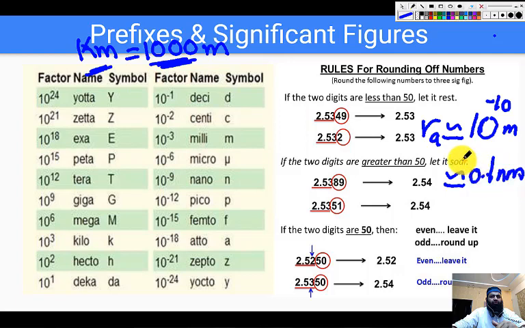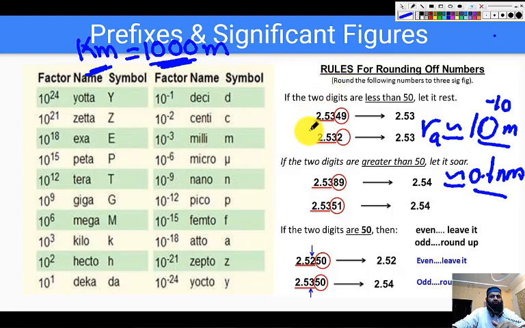This is just another way to represent this. So you have to be very careful when we use these prefixes and significant figures. And the second is rounding off.